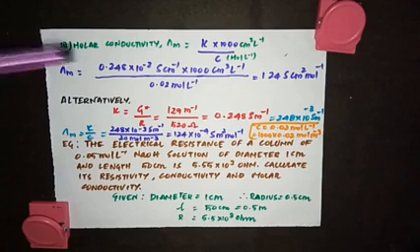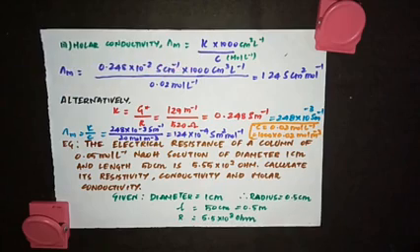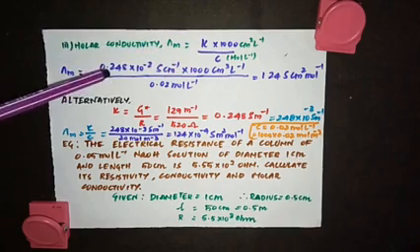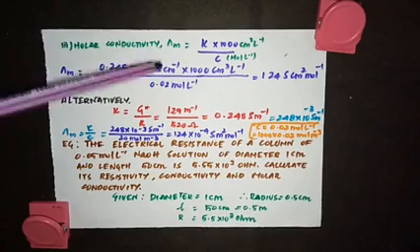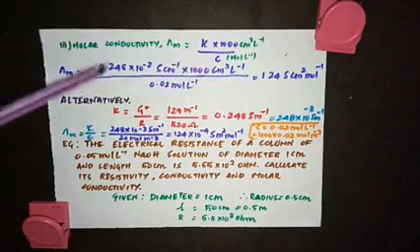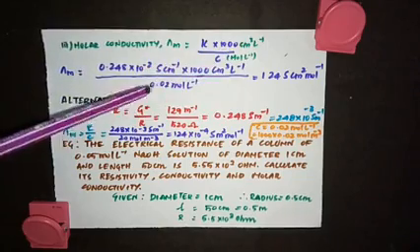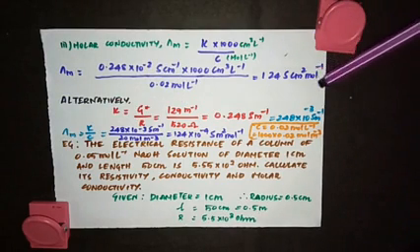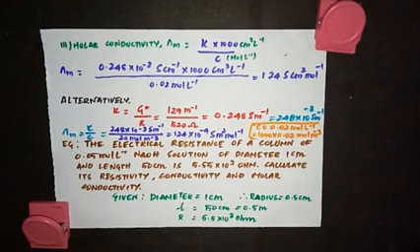So for that conversion, you will multiply 1000 here. So lambda m is equal to kappa's value we just found, 0.248 into 10 to the power minus 2 Siemens centimeter inverse into 1000 centimeter cube liter inverse divided by the concentration 0.02 mole liter inverse. So you're getting a value of 124 Siemens centimeter square mole inverse. This is the molar conductivity value.